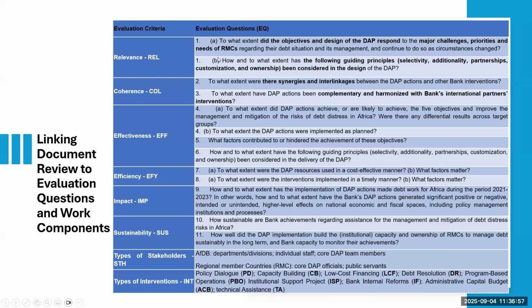For example, we got DAP action versus the challenges, the priorities. And we got another code here, which is about the objectives versus the challenges, the needs of the country. So it's from here that the codes that we created emerge. Once you understand what we are looking for here, it will be very easy for you to comprehend the codes.